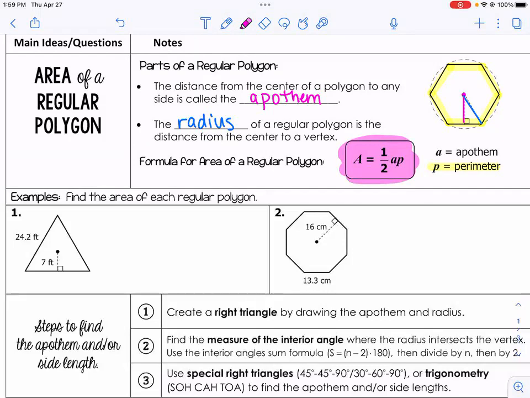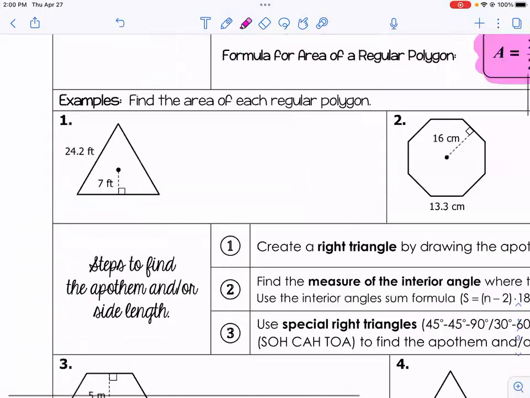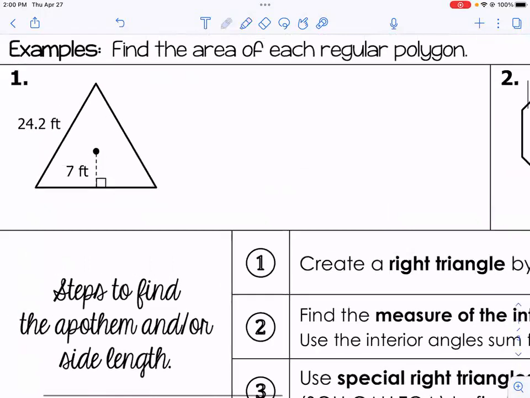We're done with the warm-up, so I'm going to ask you to erase that and put it away for me. Okay, so in number 1, it's a closed shape, not a circle.